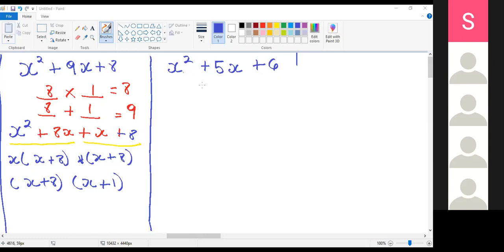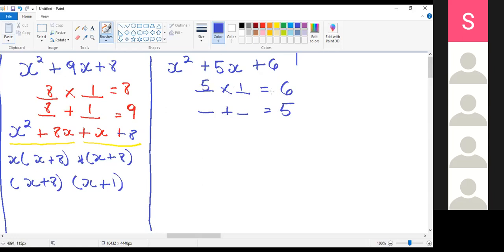What numbers did we get when we split the 5? 5 and 1.